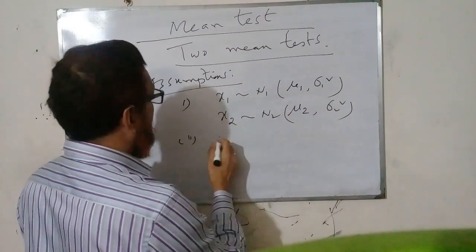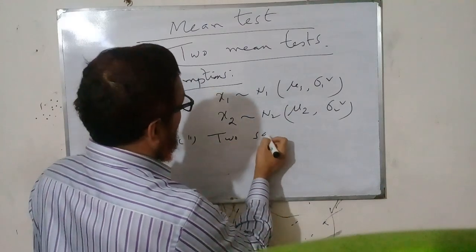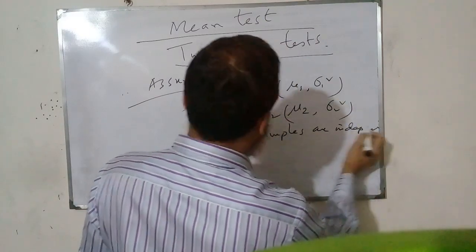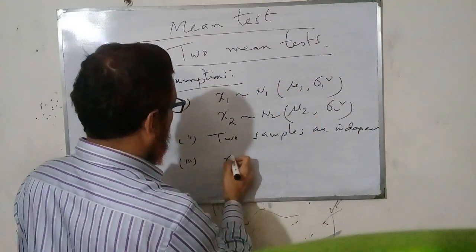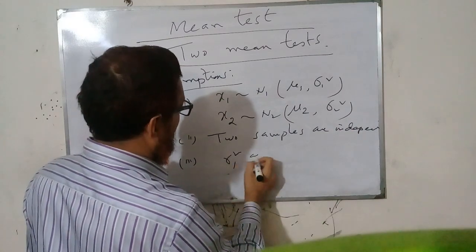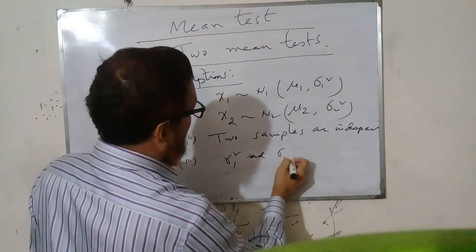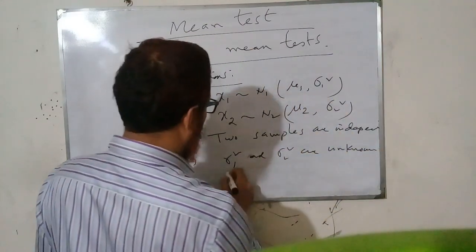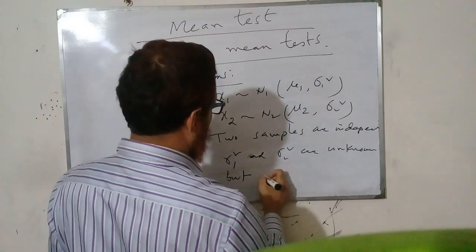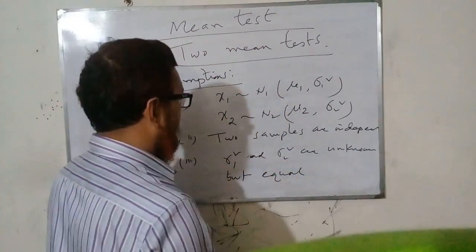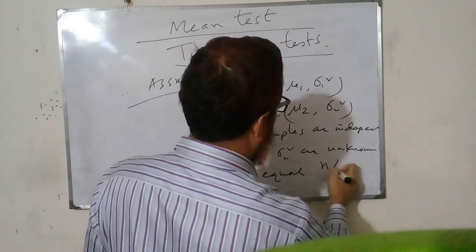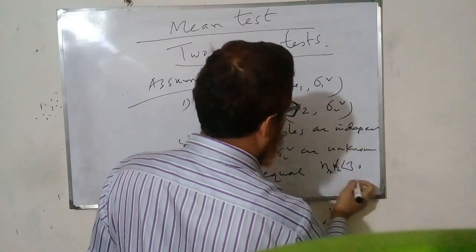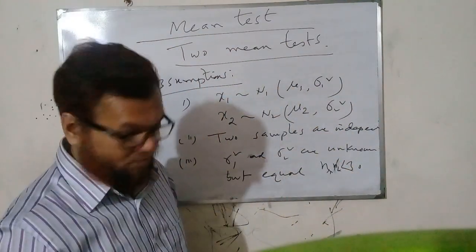Number two, these two samples are independent. Number three, the population variances sigma1 square and sigma2 square are unknown but equal and estimated from small samples, with n1 and n2 less than 30. Then we can use the t-test.